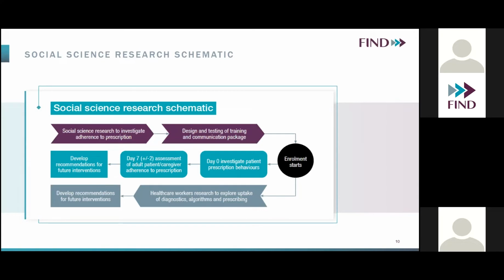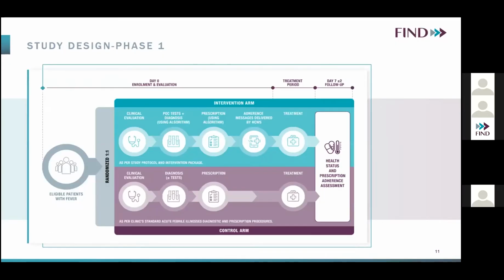And at the end of the study, we are going to use the behavior change review process to design recommendations for future policy uptake. So for the main trial, we have patients come when they are eligible, they are consented and randomized, in a 1:1 ratio, and they get into the intervention arm, which has different tests that are tailored to the epidemiology of fever in the country.